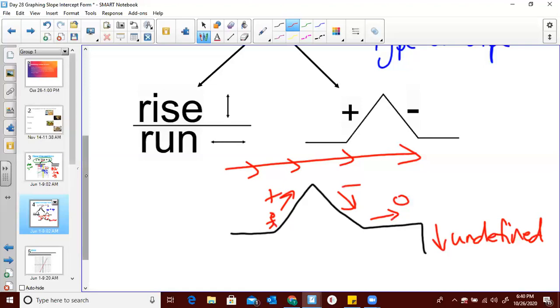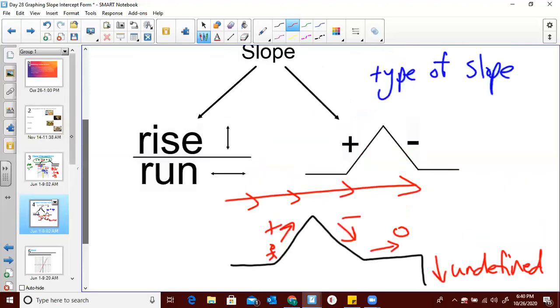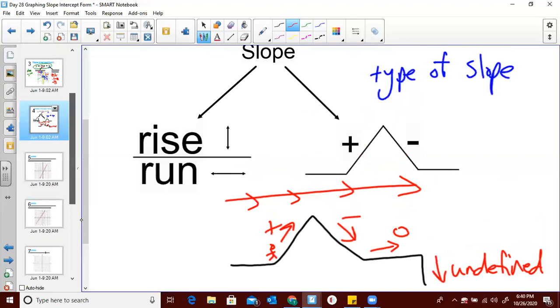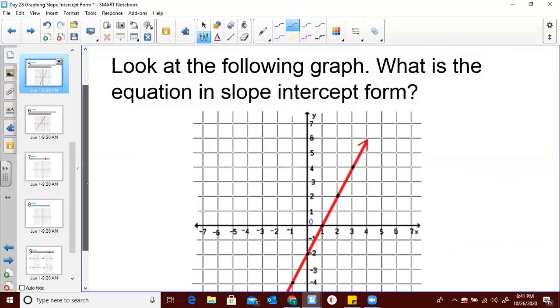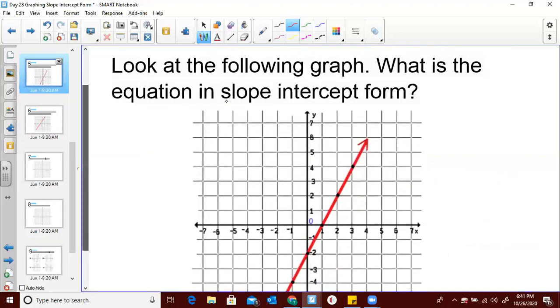All right, so we only have a couple examples to go through today. Trust me, we'll make up for it tomorrow. I guess there's 6 still. All right, so we want to look at the following graph. What is the equation in slope-intercept form?